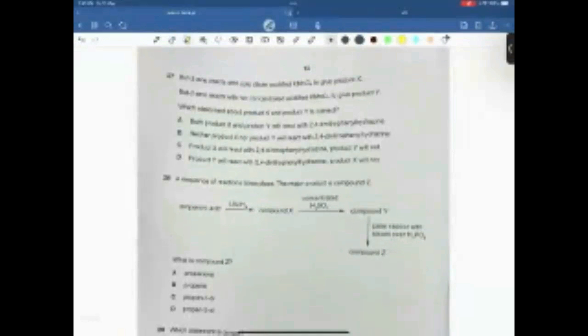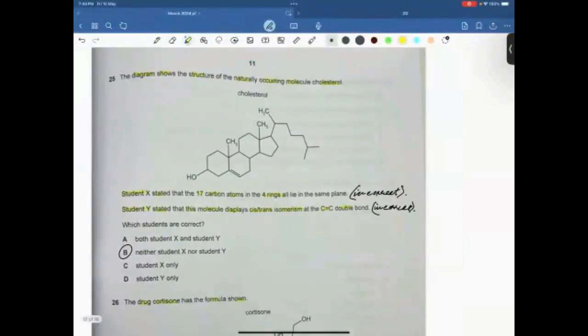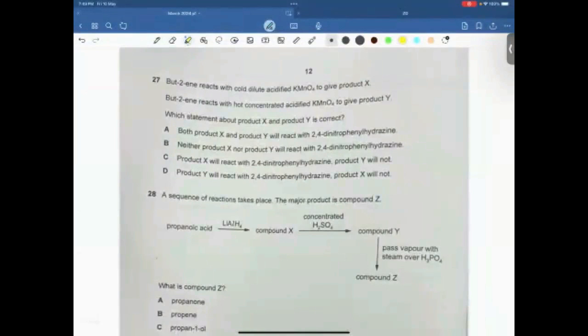So let's start question number 27. Butene reacts with cold dilute acidified KMnO4 to give product X. So butene is basically CH3, CH double bond CH, and then CH3. You can make this skeletal structure as well.